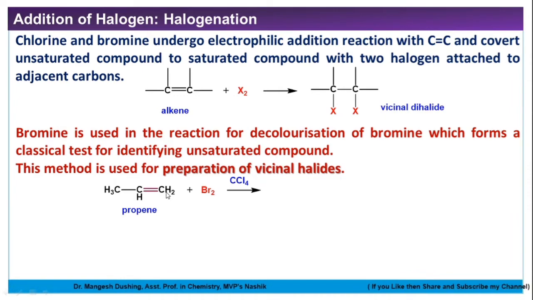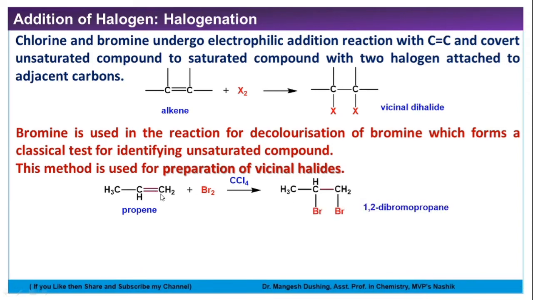In this case, you have to remember that the addition reaction is only for the carbon-carbon double bond, not for other parts of the molecule. So don't disturb other chains, R groups. Just see the double bond is converted to a single bond, and each double bonded carbon will get one Br atom. So the product is called 1,2-dibromopropane.